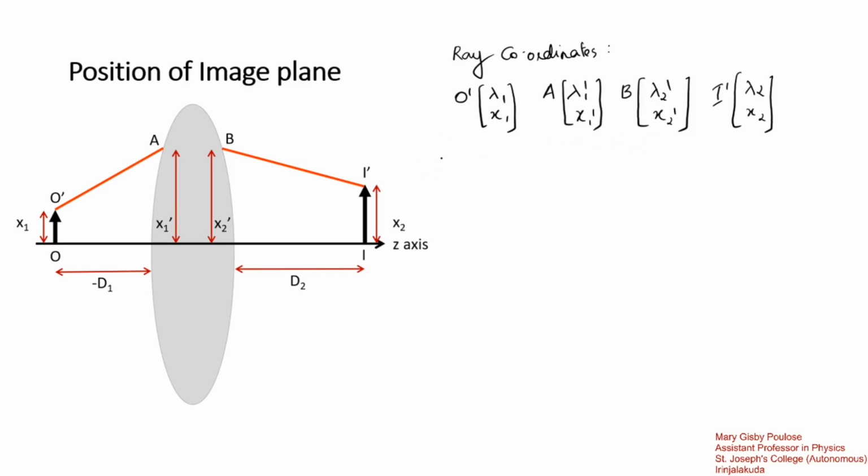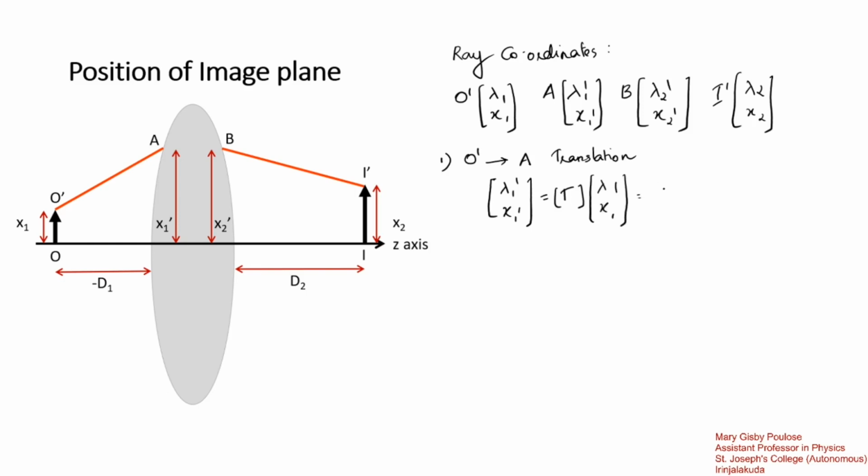Now the first operation that light undergoes is light from O dash translates to A. So it undergoes translation. Now this can be mathematically represented as the ray at A, lambda 1 prime, x1 prime, to be given as translation matrix operating upon lambda 1, x1.